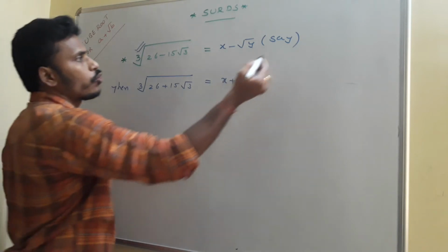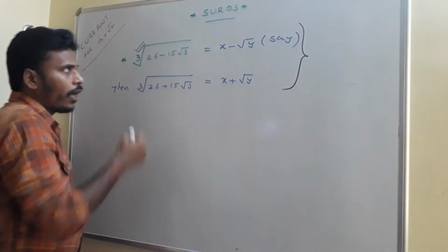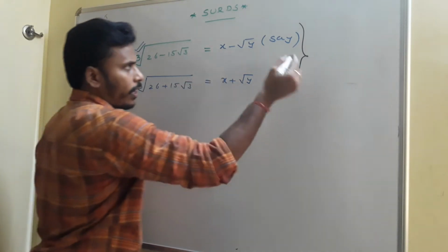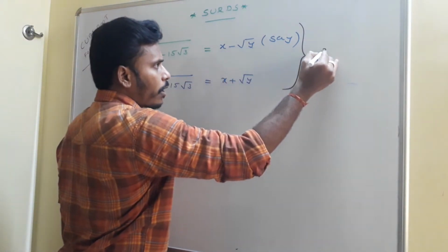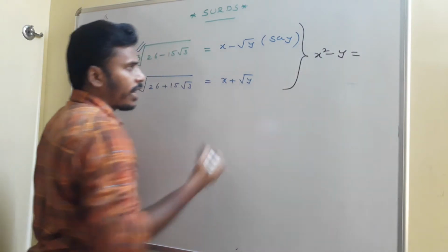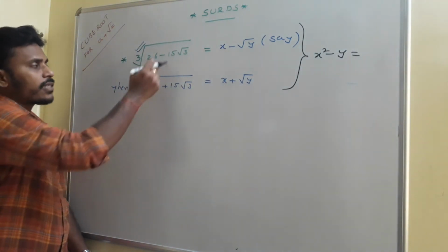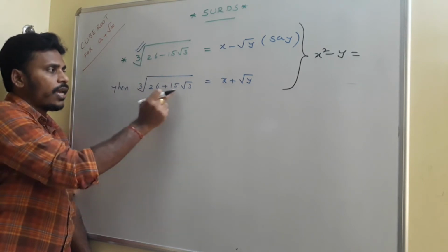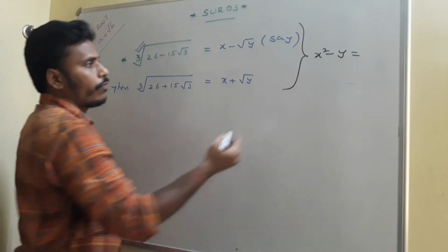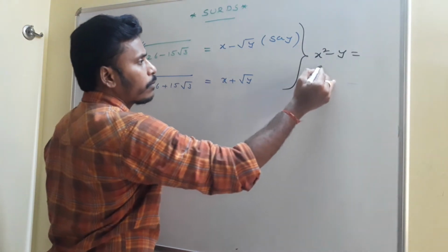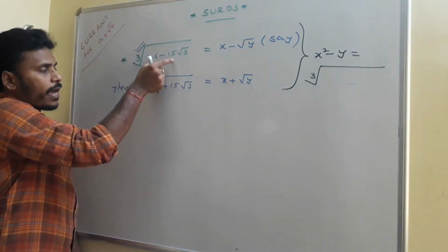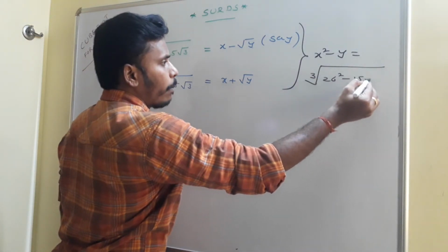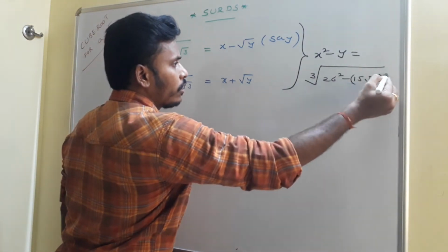And if you multiply these two, what will happen? If you multiply x minus root y into x plus root y, the product is in a square minus b square format, and that is x square minus y. Whereas here, if you multiply the cube root of 26 minus 15 root 3 and the cube root of 26 plus 15 root 3, it becomes the cube root of 26 square minus 15 root 3 square.